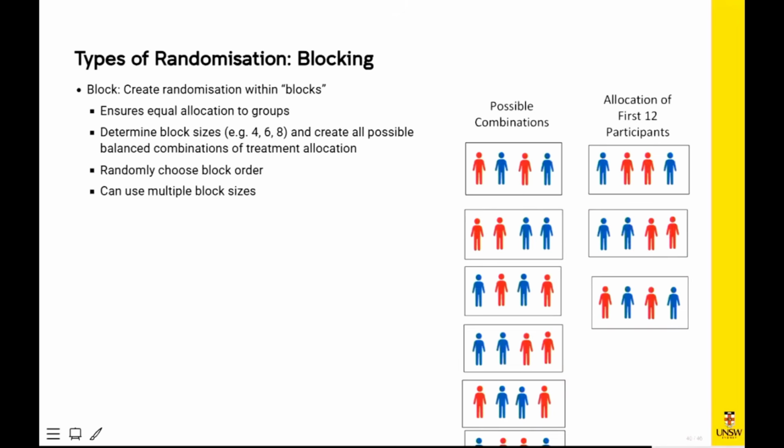And so it's really disguised from the people who are implementing the intervention if they have any previous knowledge of what had happened before. So this is a really nice way to do randomization if you're really concerned about having equal blocking sizes and disguising people's allocation to the people running the study.